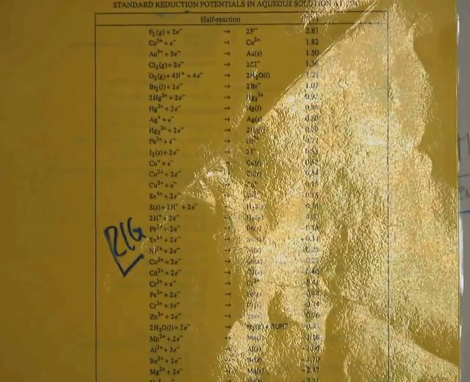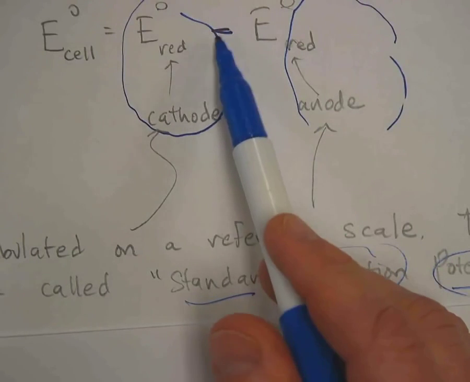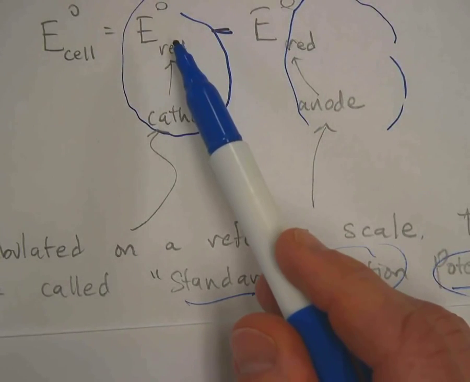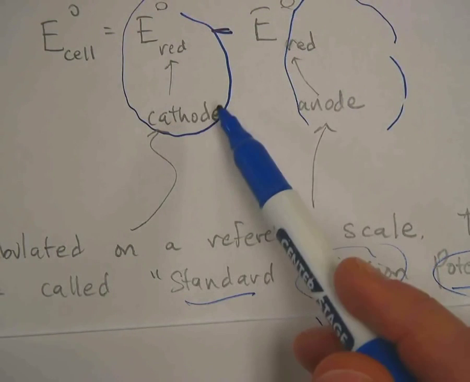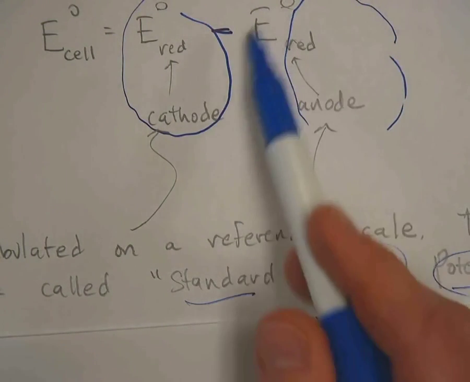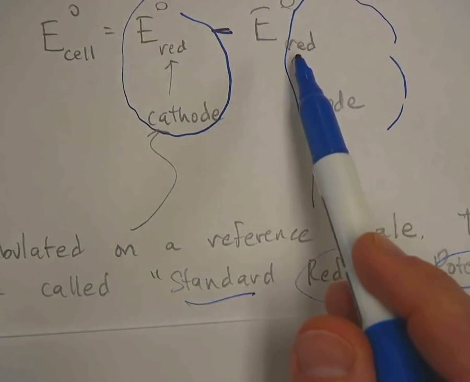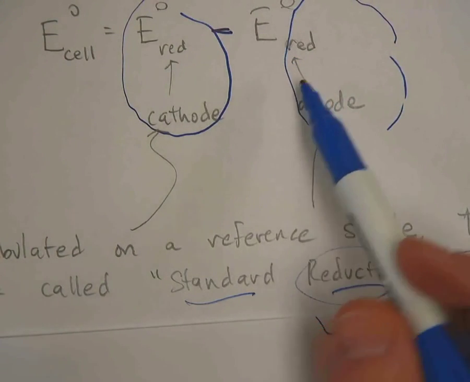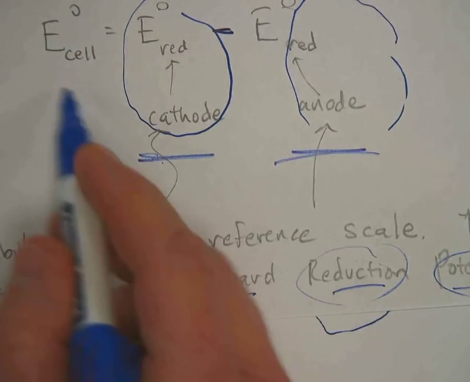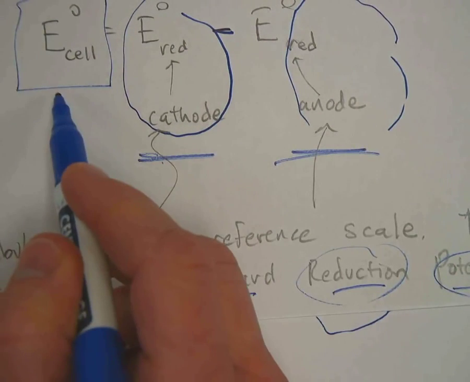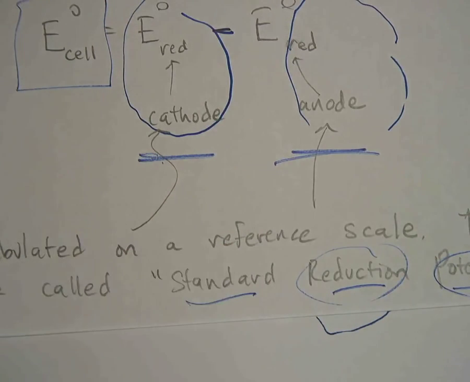So we could look on there and find the potential for, in our case, copper to be reduced, which is our cathode, and the potential for zinc to be reduced. Even though it's being oxidized in the reaction, we're still going to look at its reduction potential. Put those two values in here, subtract them or find the difference, and then we would know the potential difference of the cell, the voltage of the cell, and it would turn out to be 1.10.